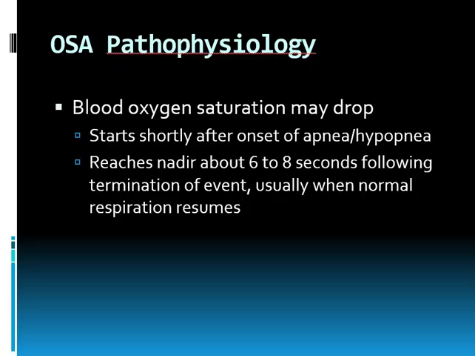So after the event has ended, that oxygen is going to keep going down, down, down, and then at 6 to 8 seconds you'll see it start to come back up again once the breathing resumes. So just think back to those pictures at the beginning of the slide. The oxygenation is time delayed, and so you'll usually see about that 6 to 8 second lag, and that might be slightly different depending on the length of the event, the severity of the oxygenation, that type of thing.